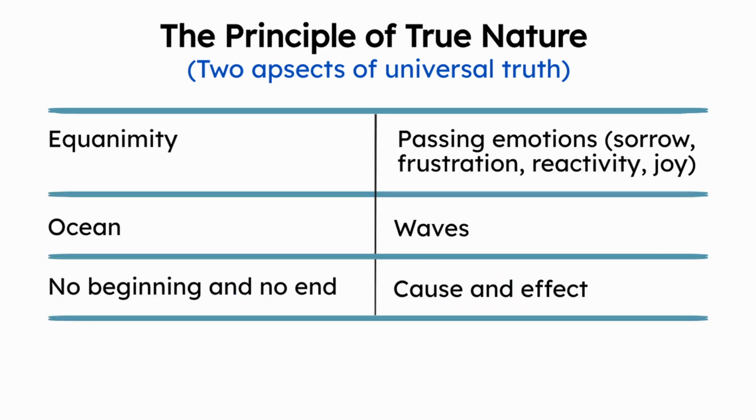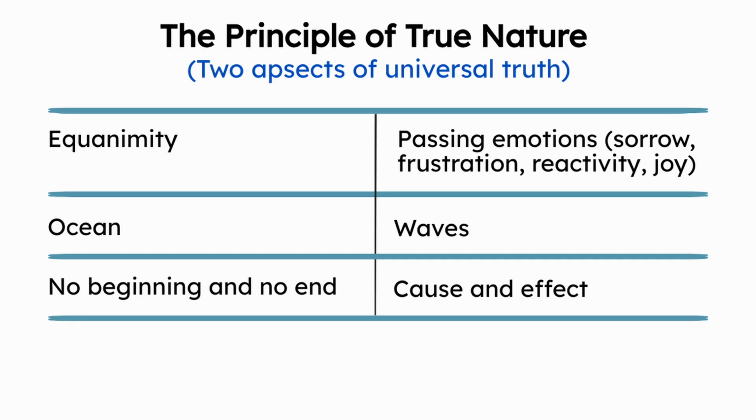Also, these two principles can be expressed as equanimity and passing emotions. Usually when we talk about true nature, we think about calm, clear oneness. But actually, when we have a lot of passing emotions, fluctuating thoughts and emotions such as sorrow, frustration, reactivity, and joy, that part is actually another aspect of true nature.